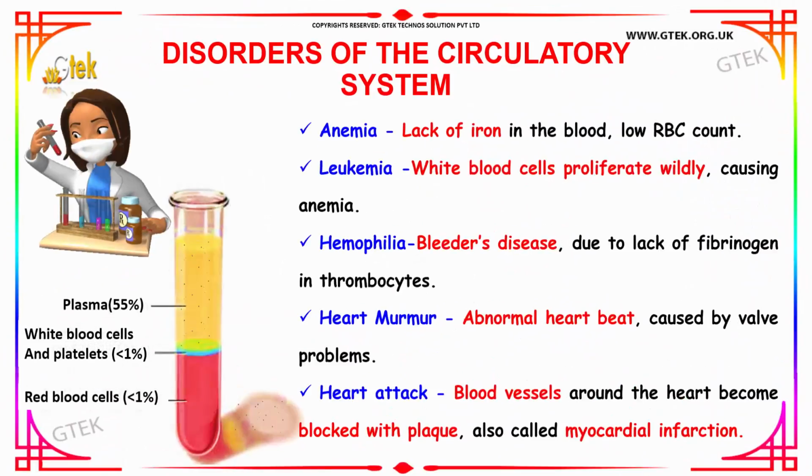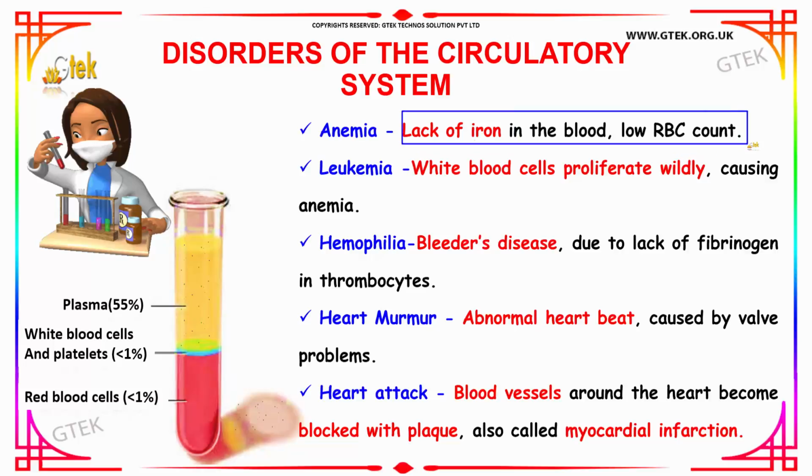Next we are going to see the disorders that can occur in the circulatory system. If a person has lack of iron in the blood, that is low red blood cell count, then he is subjected to anemia.